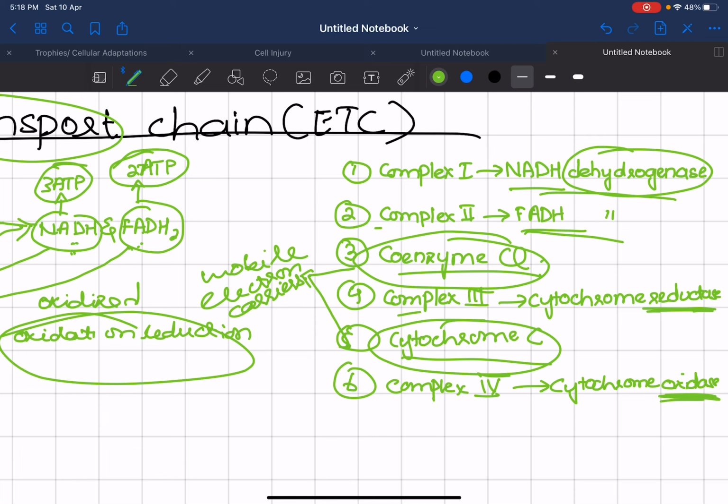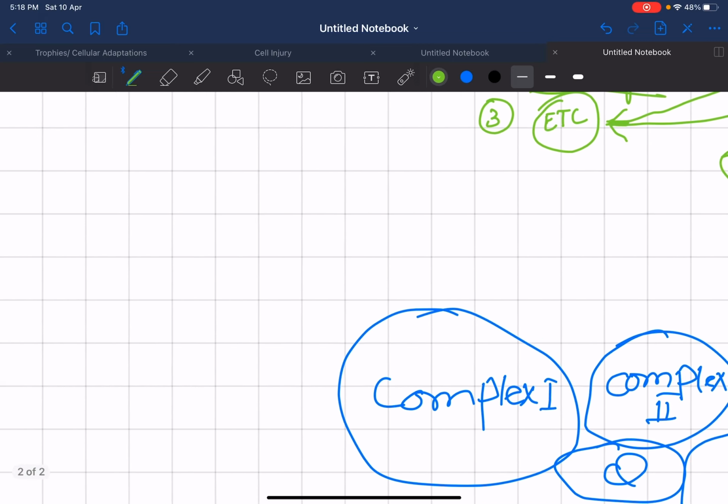Okay, so you have NADH dehydrogenase, FADH dehydrogenase, coenzyme Q, cytochrome reductase, cytochrome oxidase. First write all the complexes down, then write the coenzyme and the cytochromes at the very end when you're discussing the different components.